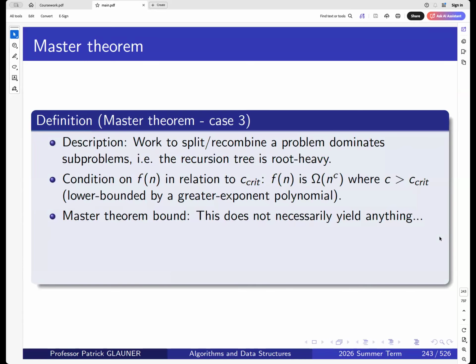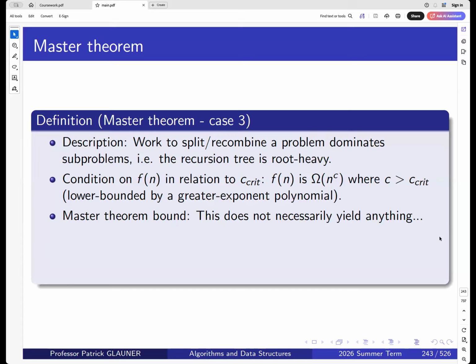And there is the third case of the master theorem. And this case 3 is just the last possible case left, because we've said before that most of the work is done in the leaves, so in the subproblems. That was case 1. Case 2 said the work for the subproblems as well as splitting and combining is similar.